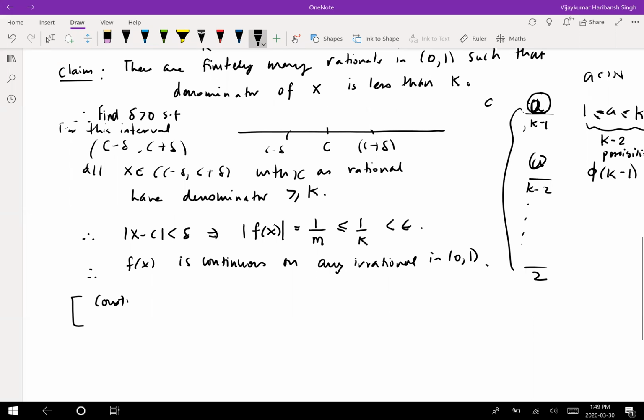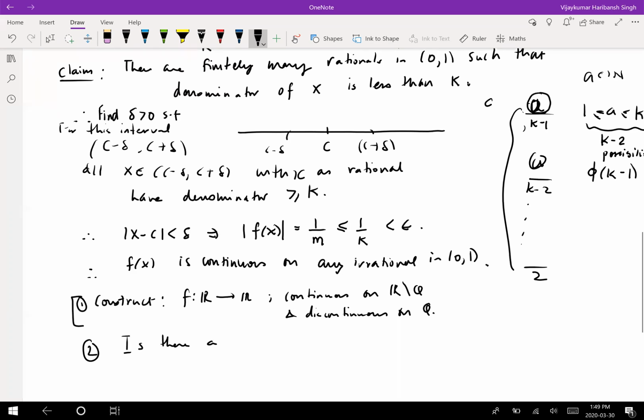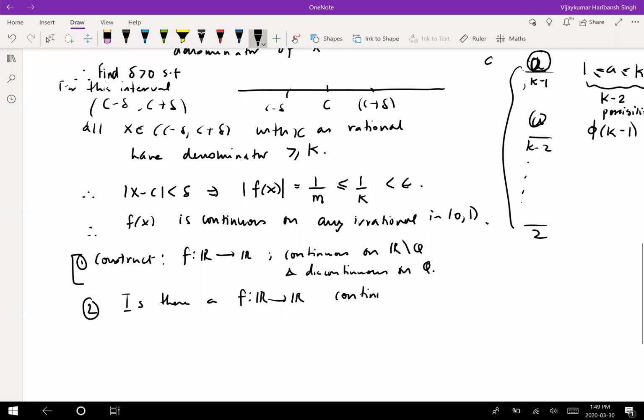Construct f from R to R, continuous on R minus Q and discontinuous on Q. And another interesting question is, is there a function f from R to R which is continuous on Q, but discontinuous on R minus Q?